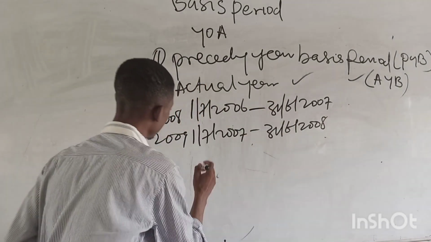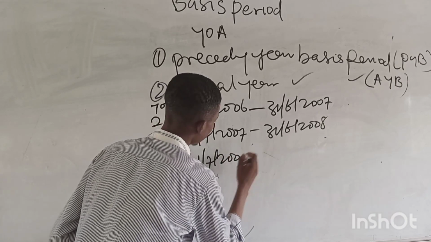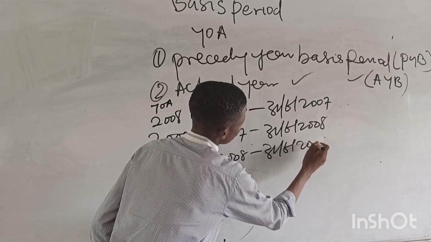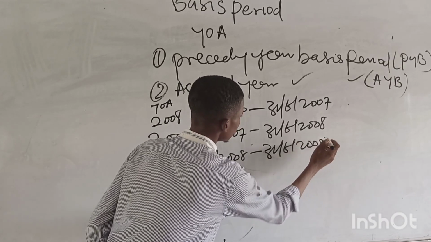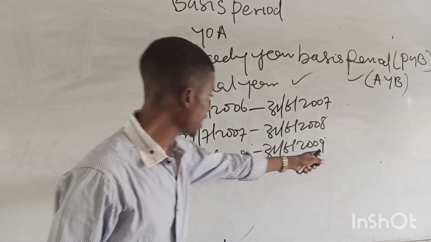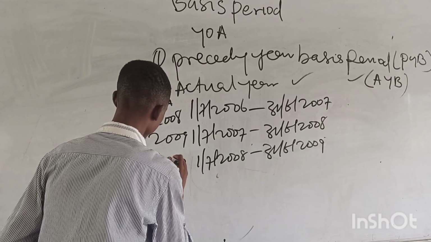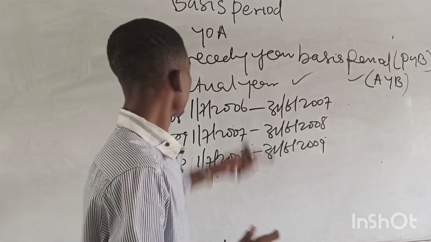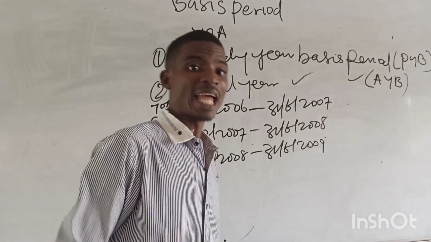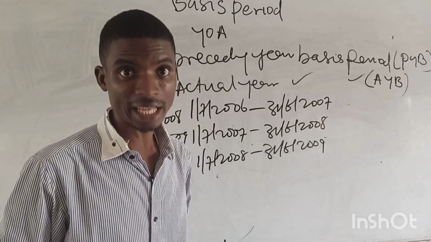So it will still start from 1st July 2008 to 31st June 2009. And then because the business ended here, the year of assessment will be 2010. That's what preceding year basis is trying to explain: that the year that the business ended its operation will be different from the year that the business will be subjected to tax.